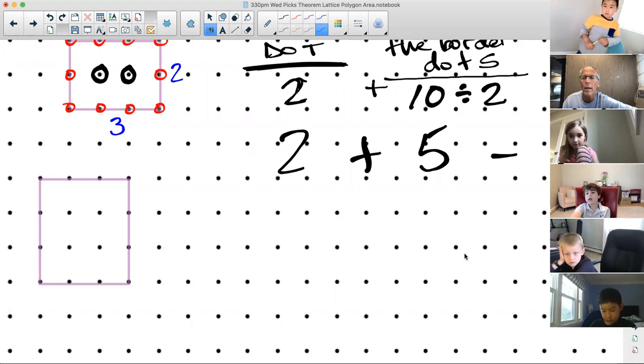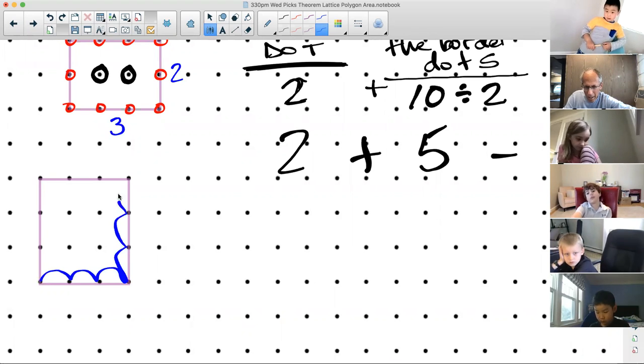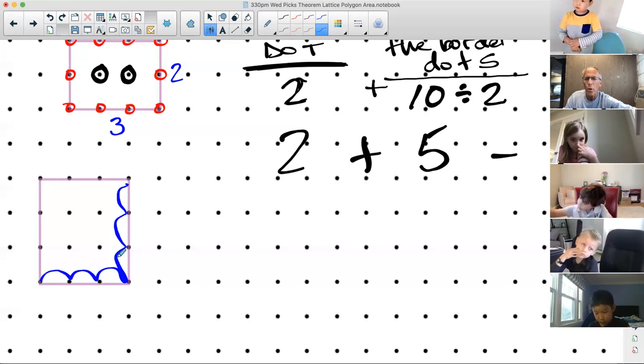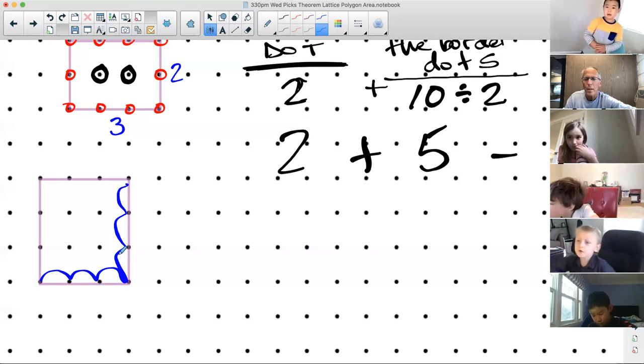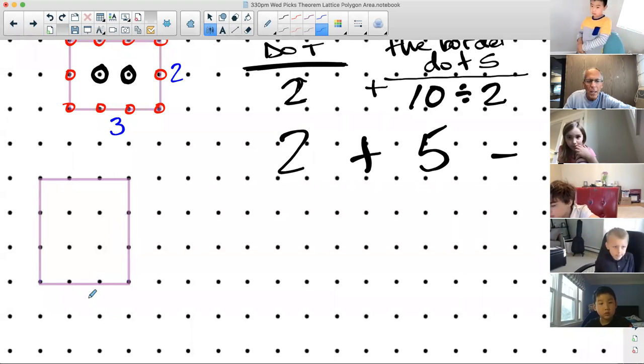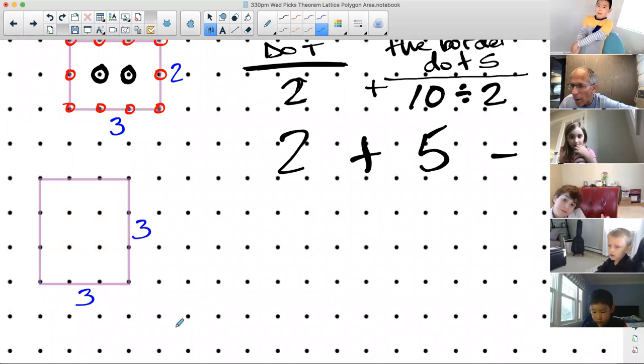Don't keep walking away. So what do you think the dimensions are? The dimensions are 3 by 4. No, they're not 3 by 4. Brennan, what do you think? 3 by 3. Right. This is a 3 by 3 rectangle or a square.